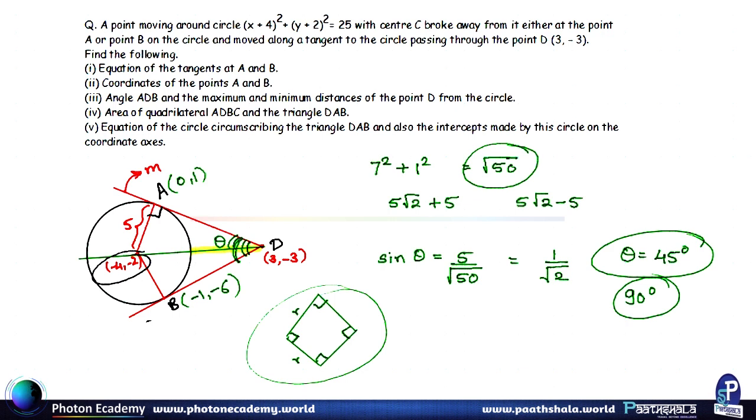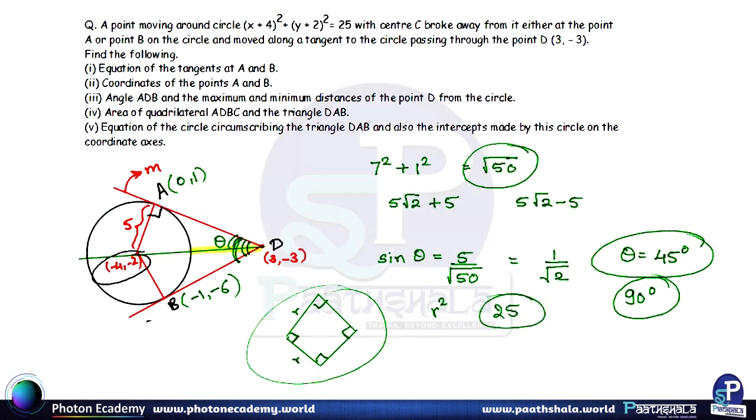Now we have to find out the area of that. So how shall we do that? Yeah, it's just R square because it's a square, and we know that R is equal to 5. So the area of quadrilateral ADBC is 25. Alright, and area of the triangle DAB.